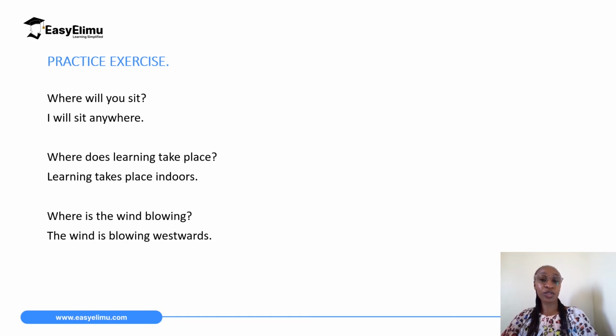So we are going to practice a little bit more with some sentences. Where will you sit? I will sit anywhere. Anywhere has answered the question where. So anywhere is the adverb of place. Where does learning take place? Learning takes place indoors.